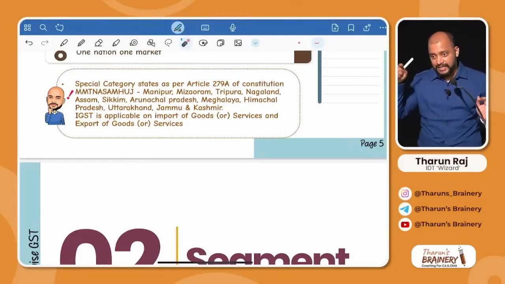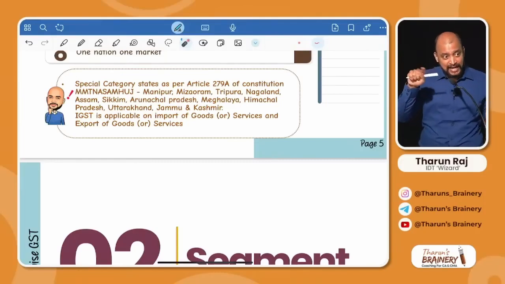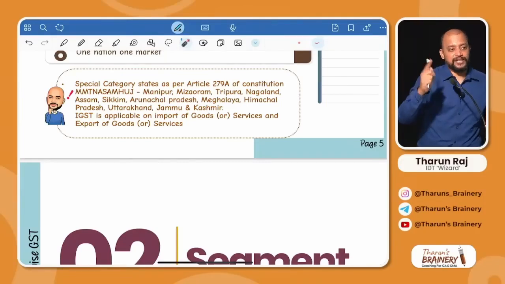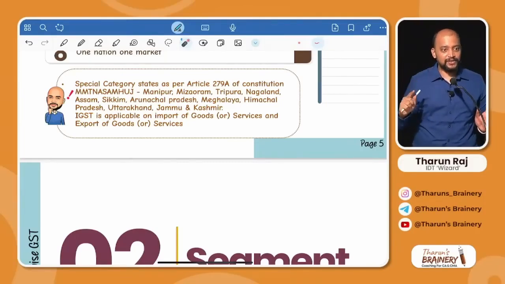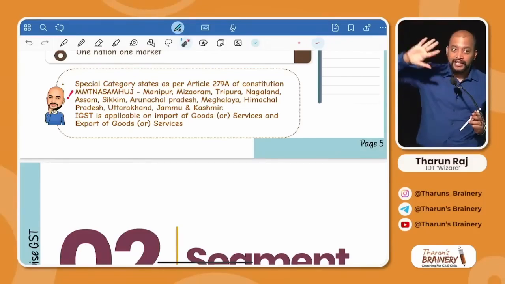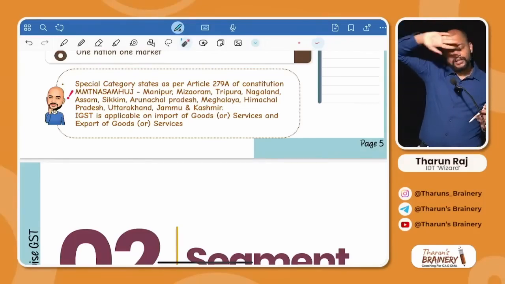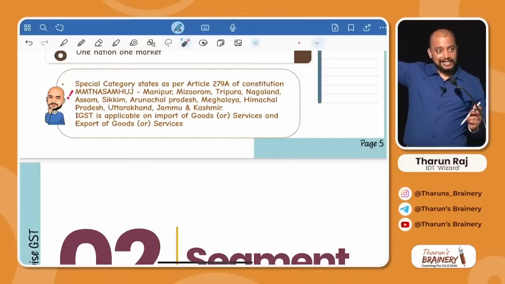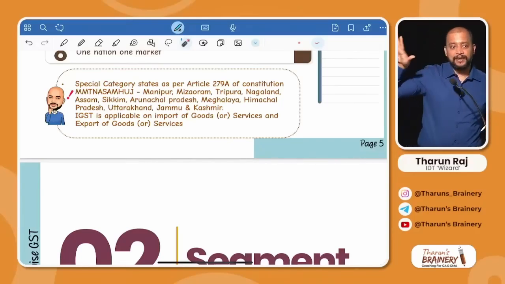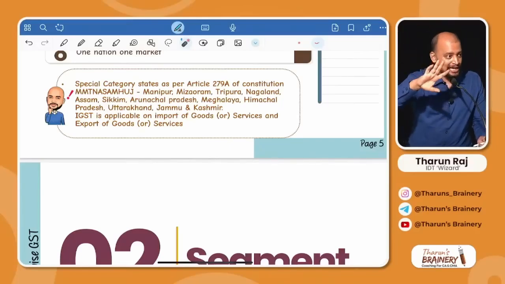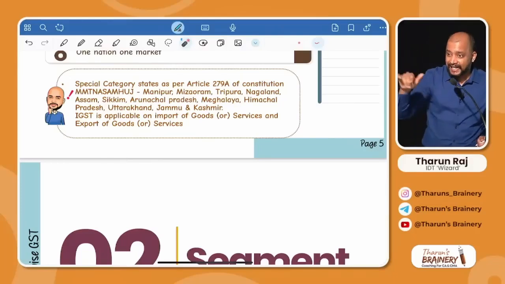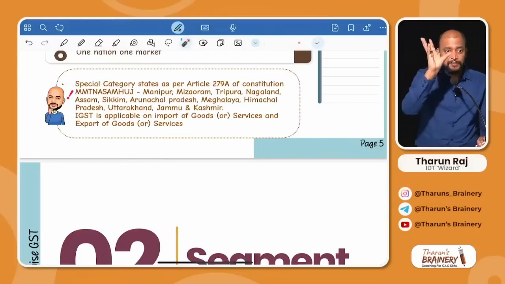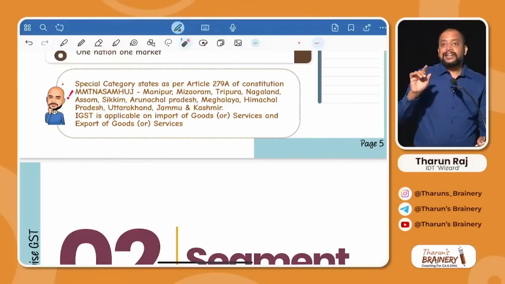A, Assam, S, Sikkim, A, Arunachal Pradesh, not Andhra Pradesh, Arunachal Pradesh, and M, Meghalaya. India map you know, that side, northeast, the full northeast states are MMTN, ASAM: Manipur, Mizoram, Tripura, Nagaland, Assam, Sikkim, Arunachal Pradesh, Meghalaya.